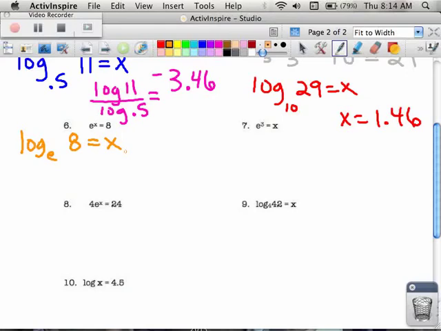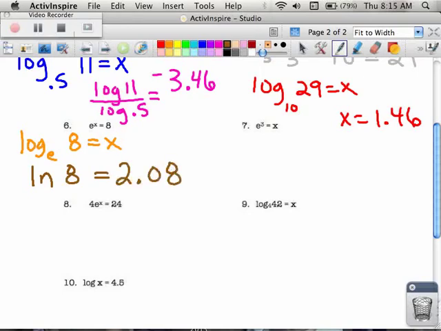That's okay. It'll work. Or what you can understand is that when you see log base e, that really means ln of 8. And then you just type that in your calculator. And there is an ln button on your calculator. 2.079. Okay, so we'll go with 2.08.